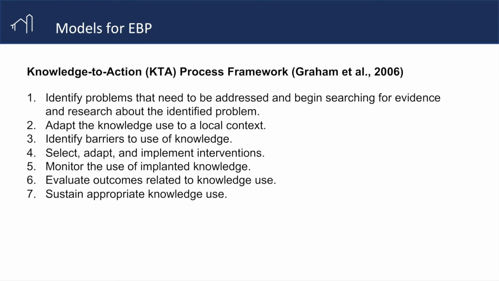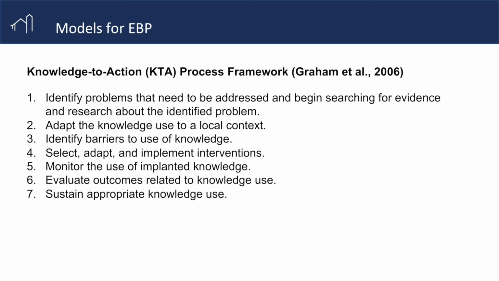Step 2, adapt the knowledge used to a local context. So say you use evidence from a different organization, from a different country, from a different culture even, or language, adapting that knowledge to the context and the program that you're working in. Step 3, identify barriers to the use of knowledge.